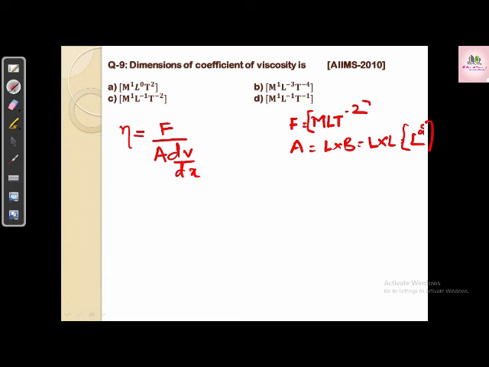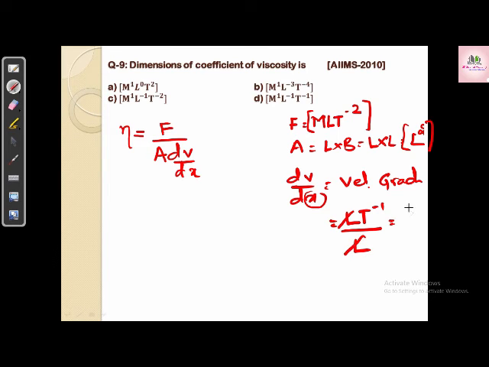Then dv by dx is the velocity gradient. In the numerator, velocity is L T to the power minus 1, divided by x, which is the displacement or distance, taken as L. L cancels, so what remains is T to the power minus 1, the dimension of velocity gradient.